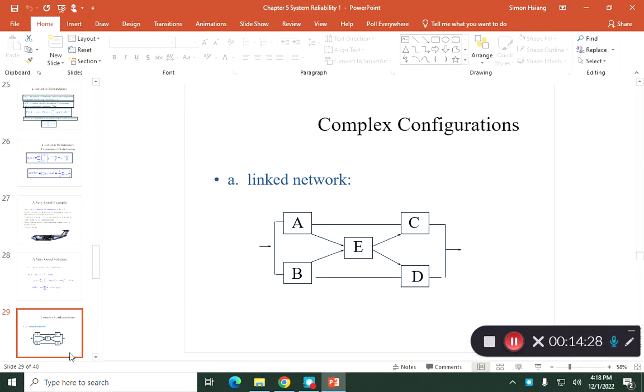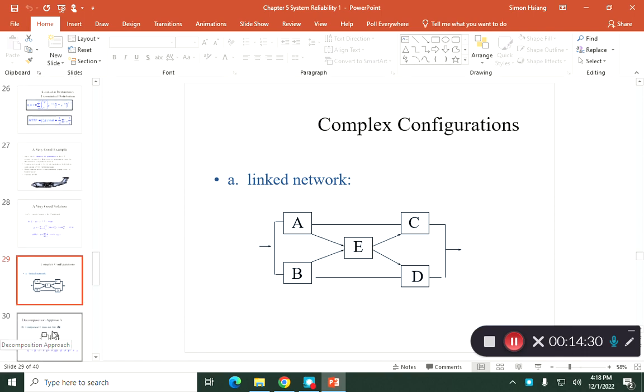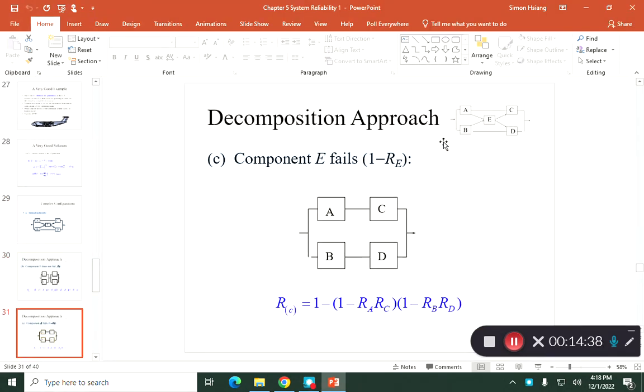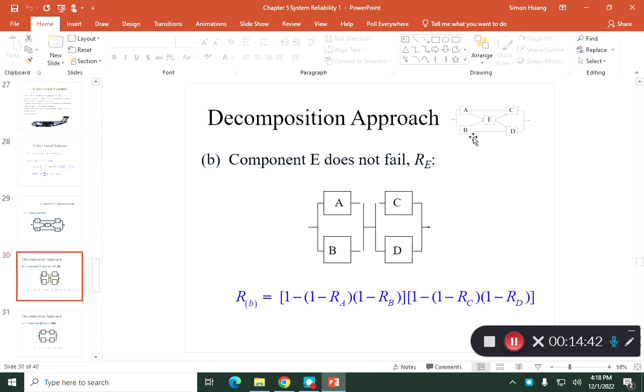So for a system like this, you really can evaluate it carefully, with E or without E. If component E is guaranteed to always work, this becomes a low redundancy system. You follow me?